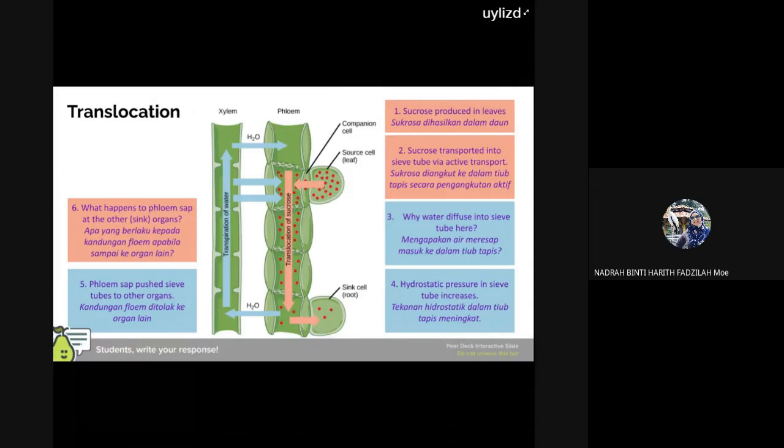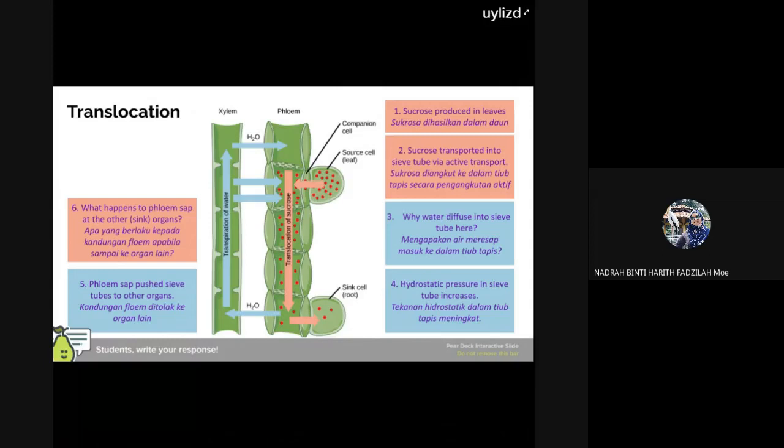atau fruit, atau storage organ such as bahagian ubi atau bahagian-bahagian yang membengkak macam dekat carrot dan sebagainya. So sucrose in the phloem sap will be transported into the root or into the shoot via active transport.